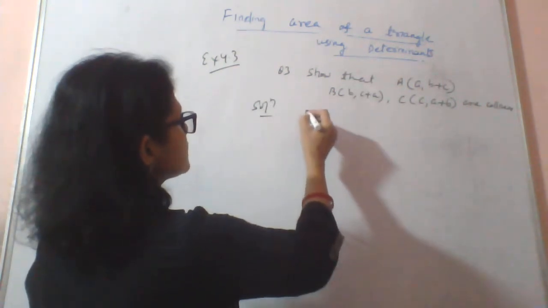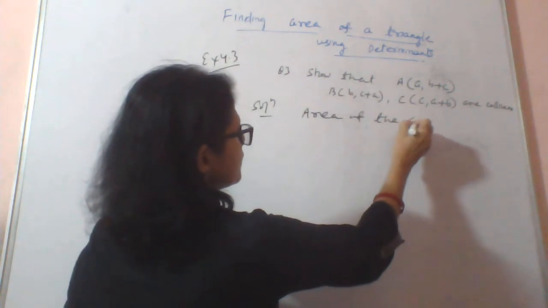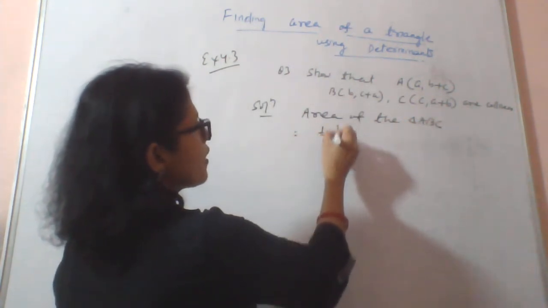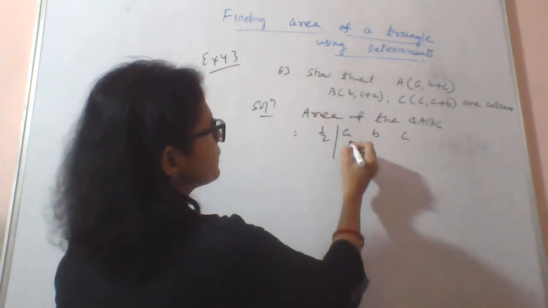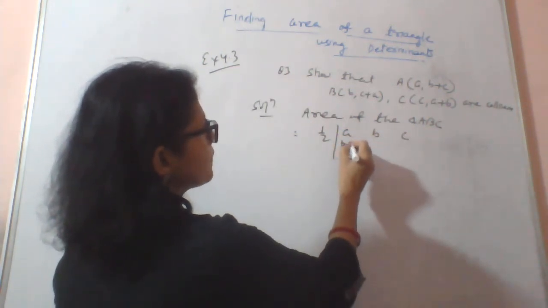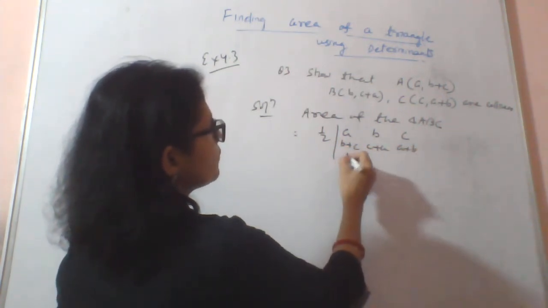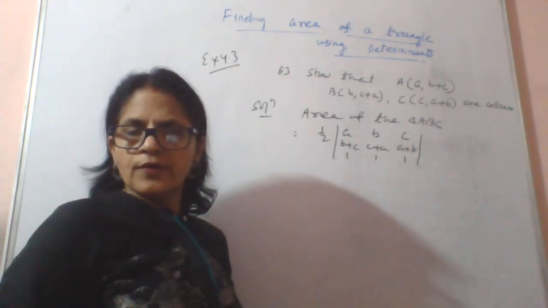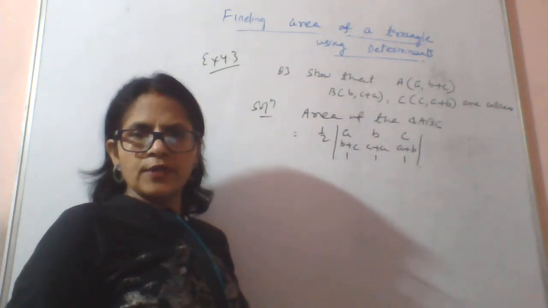Okay, now you can say the area of the triangle ABC equals half of the determinant with rows a, b, c, then b+c, c+a, a+b, and 1, 1, 1. Okay, we have to check. If it is 0, then the points will be collinear, otherwise not.